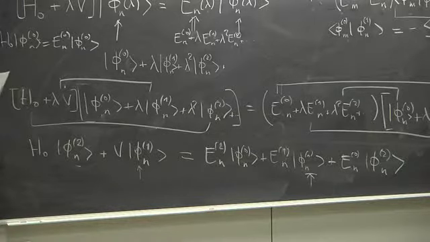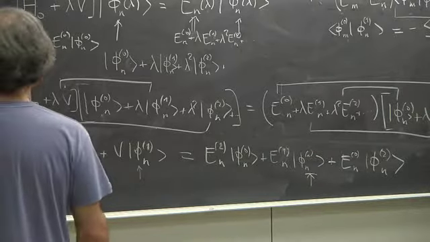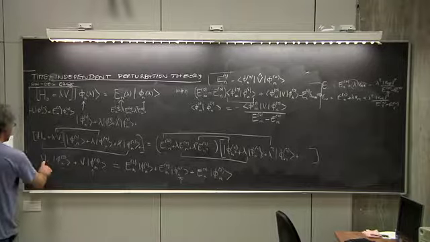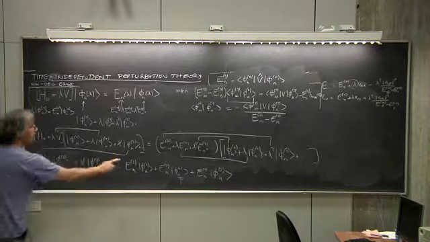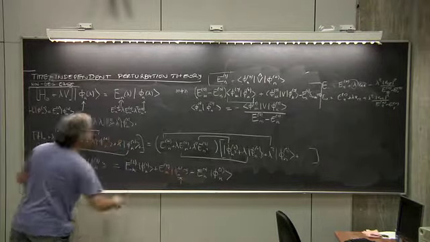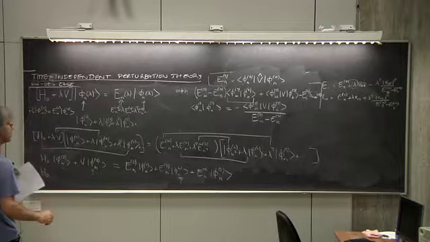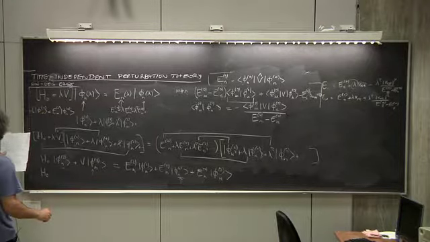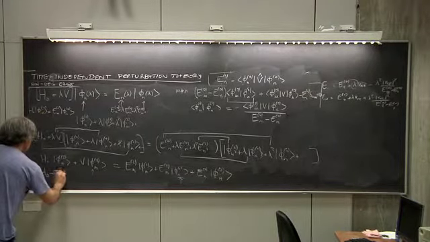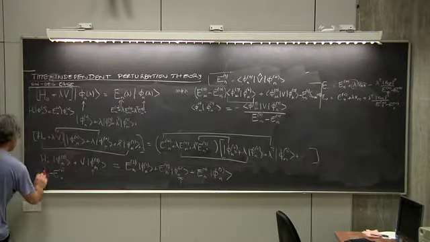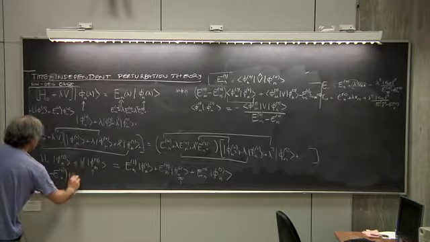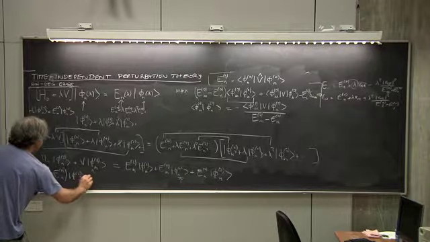Okay? So I suggest you do the following. Let's rearrange the terms. And let's write here phi 2n with E0 minus H0, sorry, minus E0n. You see the last term there. Okay, let me bring it here. Phi 2n.